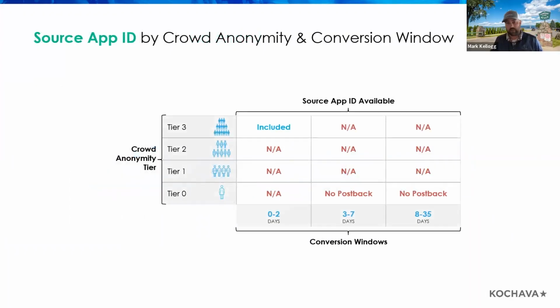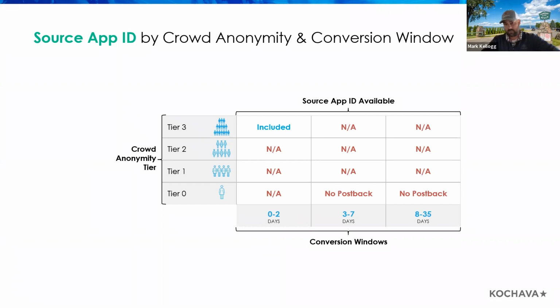Thank you. So the source app ID, this is the individual value, the specific value that we see as impacted by the separation of that high crowd anonymity value. The only time that the source app ID is available today, it's still based on the binary thresholds. Either there's a threshold met or the threshold has not been met, meaning the source app ID will be available or it won't be.